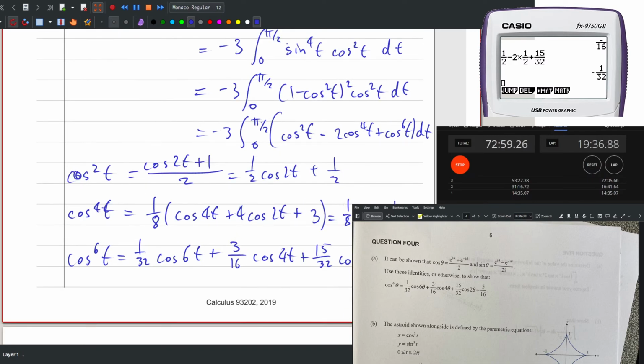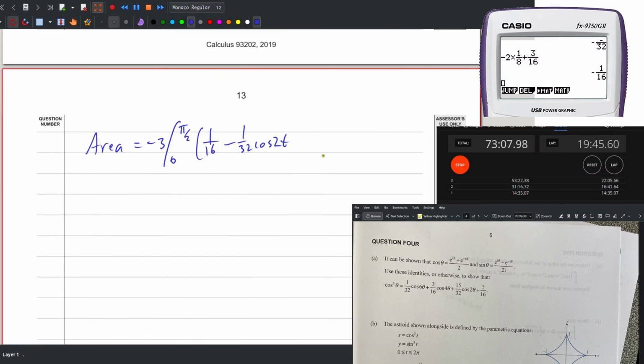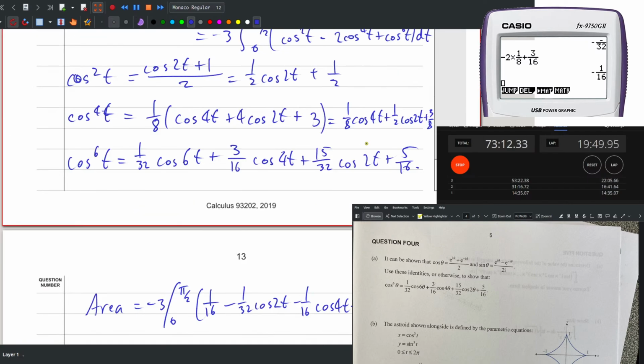Yes, and then how many cos 4t's do we need? We need negative 2 times an eighth plus 3/16. So that's negative 1/16. And then we only need a 32nd cos 6t.